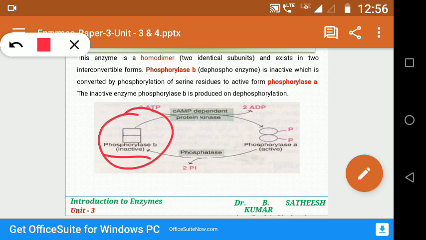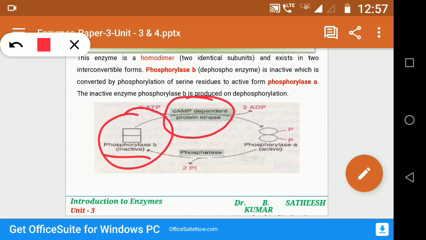So when a need arises for the glucose 1 phosphate, then a specific protein kinase known as cyclic AMP dependent protein kinase is activated. These protein kinases, in fact, are activated by hormone mechanisms.